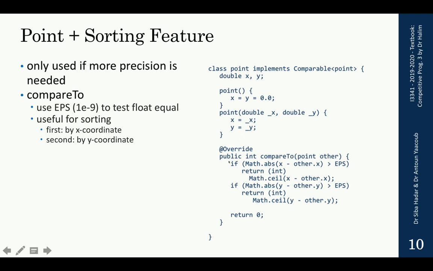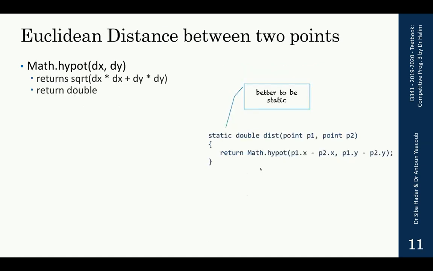So this compareTo will be used whenever we want to sort a set of points. We simply call Collections.sort, and because we have overridden this compareTo method, the sort is given to you for free. Isn't this nice? You don't have to memorize any sorting algorithm.